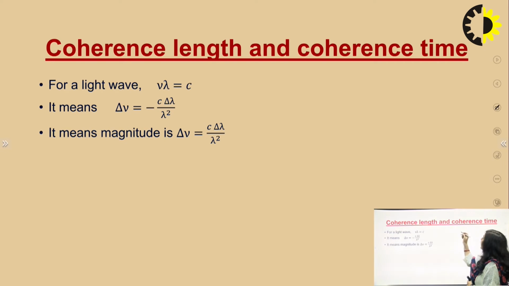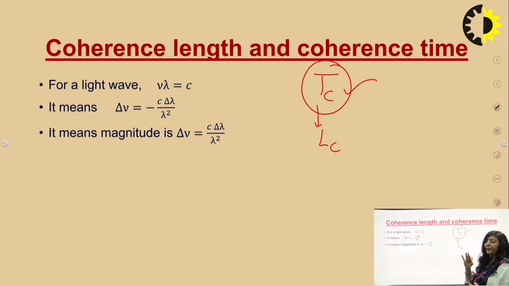So if light can maintain perfect sinusoidal behavior for this time, the distance traveled by the light in this time is known as coherence length. I am repeating it again. The coherence time is that particular time up to which we get perfect sinusoidal behavior. In that coherence time, the length traveled by the light is known as coherence length. So that is the meaning of coherence length and coherence time here. For light, we know that the product of frequency and wavelength is always equal to C.